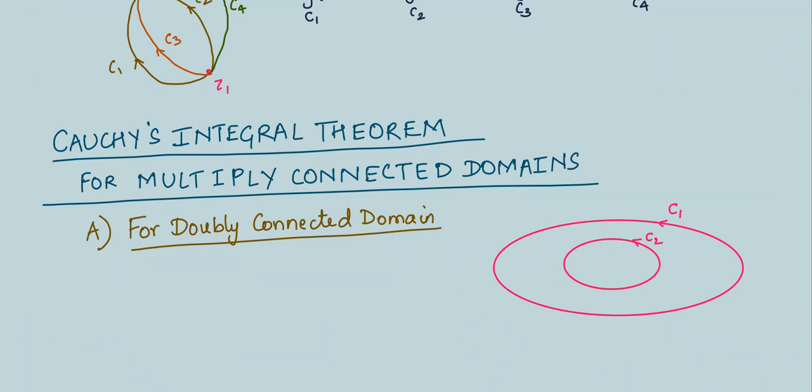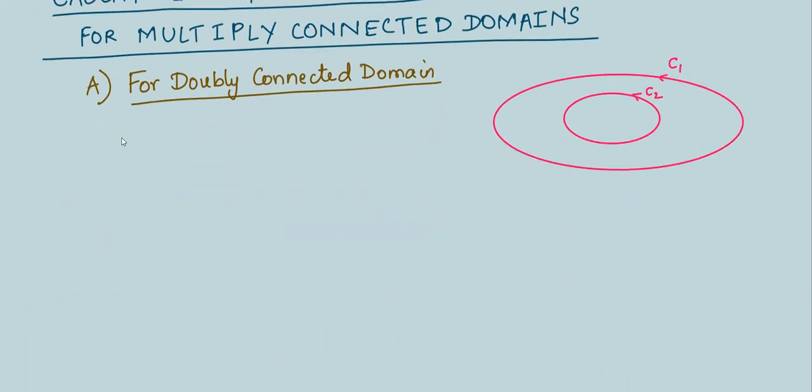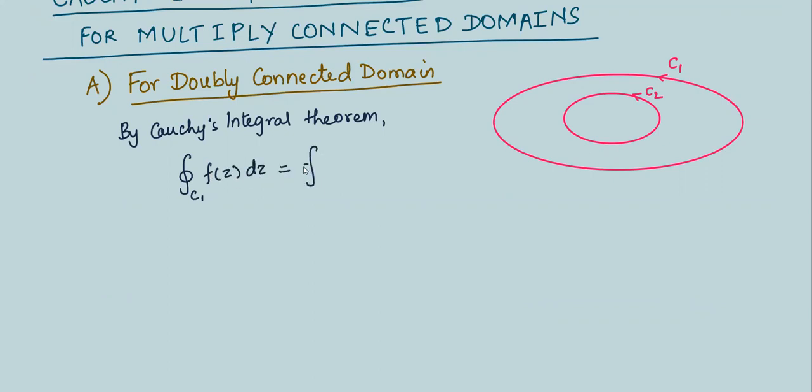According to Cauchy's integral theorem, for a closed path, all are zeros. Correct? Closed loop C1, closed loop C2, both will be equal to 0.